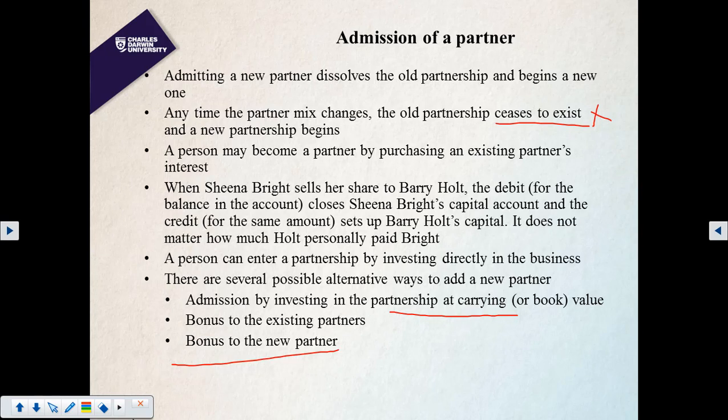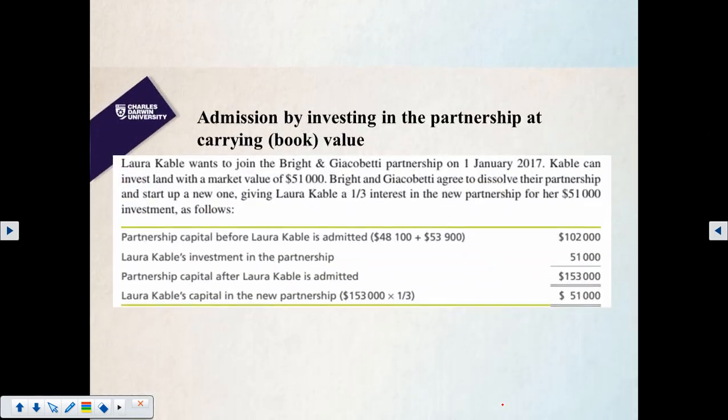So we ask a partner, you come, just contribute 10,000, but your profit and loss and capital will be, let's say, 1/3. It could be the opposite. Our business is doing very well, so when a partner wants to come, we demand him to give more than what he will be receiving from the business. Is that okay? So it can be either of these cases. We'll see each of these separately.